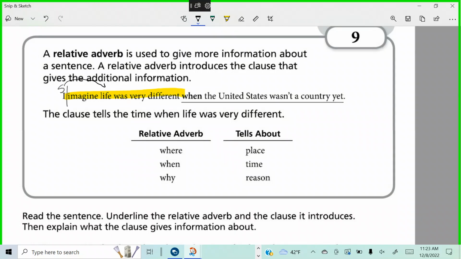Imagine life was very different, predicate. So that sentence by itself is complete. But we're going to introduce some additional information with a relative adverb. The relative adverb is, AJ? When, and the additional information is the United States wasn't a country yet. I imagine life was very different when the United States wasn't a country yet.